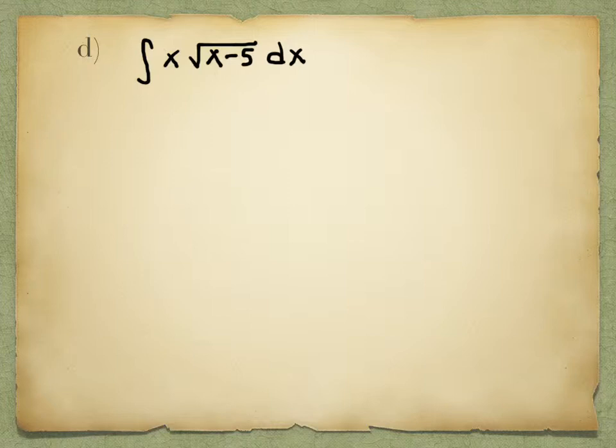It may not always work, but it's a good thing to try, right? Everybody with me? The reason that we like to let what's underneath the square root be U is because then I end up with an integral where there's a square root of only U, instead of an addition and subtraction underneath the square root. So it's much easier to work with U to the 1/2 than it is to work with x minus 5 to the 1/2. Is everybody tracking with me?